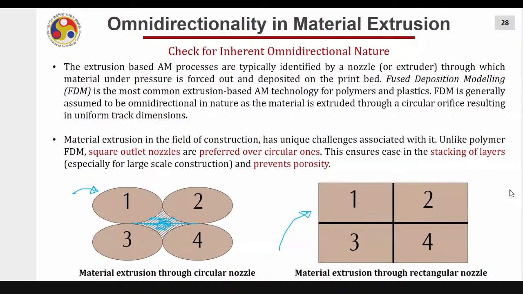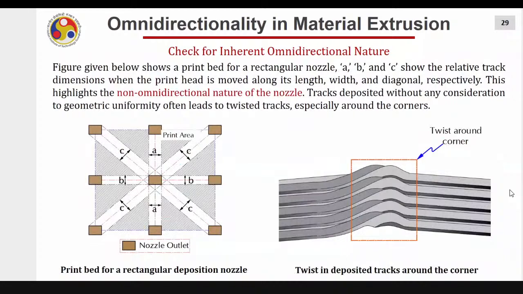Okay, so what happens? As the stacking is much better in that case, and you are using rectangular nozzles, when you move in different directions, you get different dimensions. So in figure A below, for the rectangular nozzle, assume that the dimension of the nozzle is this width B, and this side is A, and the diagonal is C. Now if you are moving back and forth in this direction, your deposited bead width will be A. If you move back and forth in the perpendicular direction, your bead width will be B, and if you print diagonally, it will be C. In between, it will be something else.